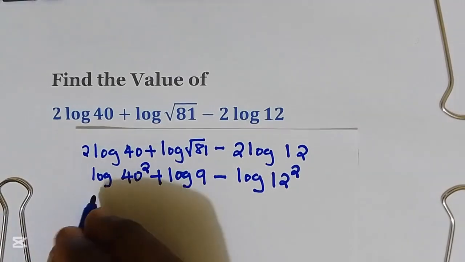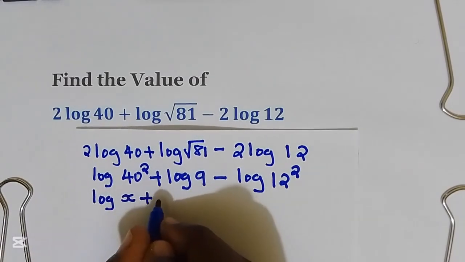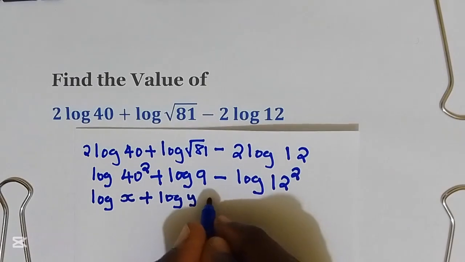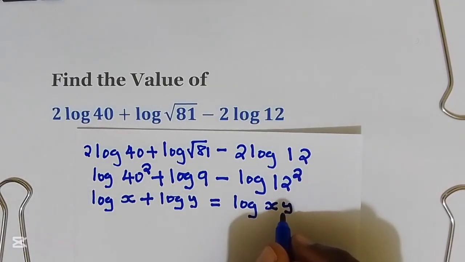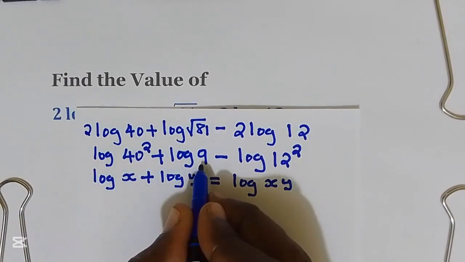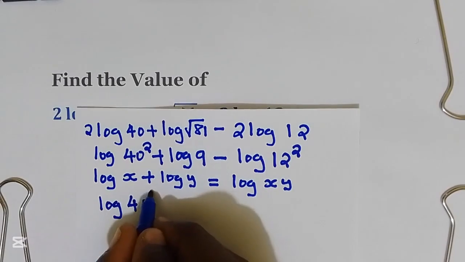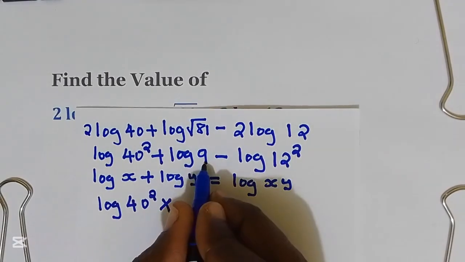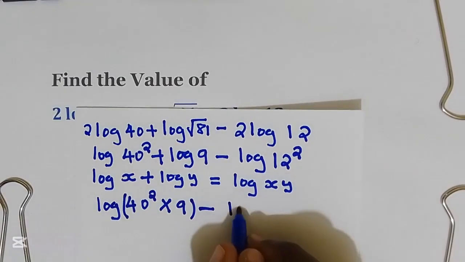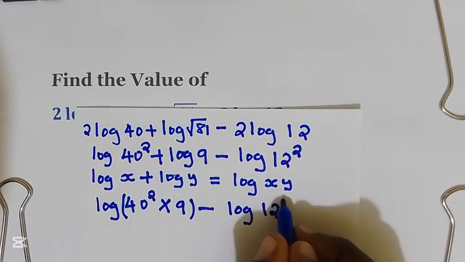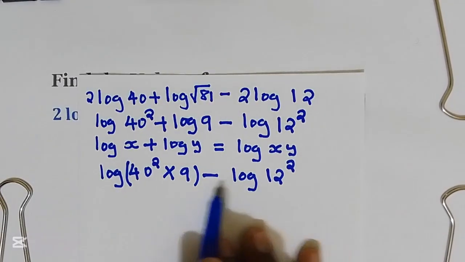From product rule, if we have log x plus log y, this is equal to log xy. So from here, we are going to have log 40 power 2 multiplied by 9. Then take away log 12 power 2. We have log with the same base, but now we subtract.